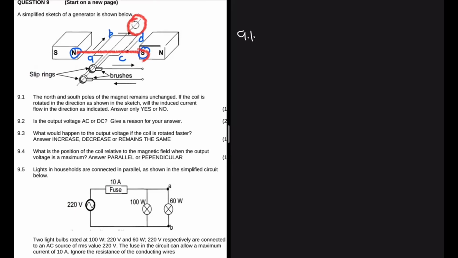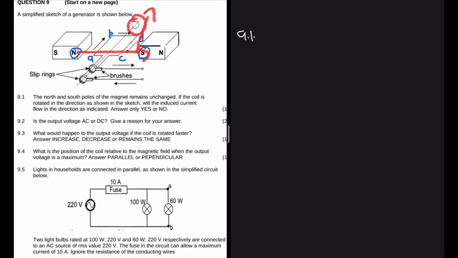So with your thumb, you decide which side you are taking. If you take CD, then your thumb must face up and your index finger should go from north to south. Let's take CD. So if you take CD, here you're going to have your thumb pointing up.